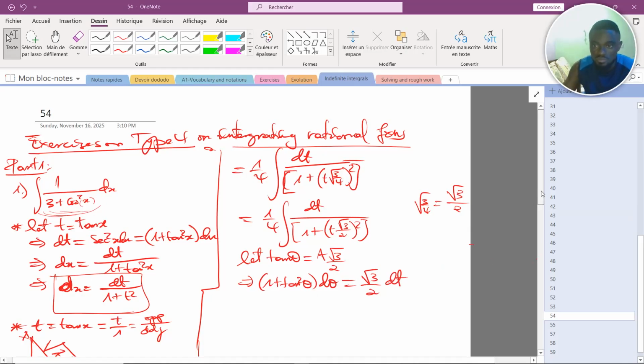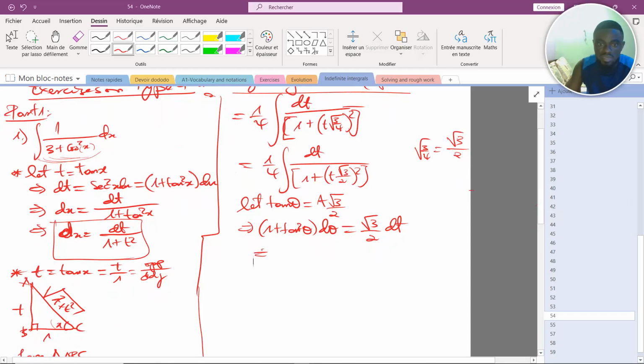Okay, so this implies my dt will be equal to what? 2 into 1 plus tan square theta d theta all over root 3.